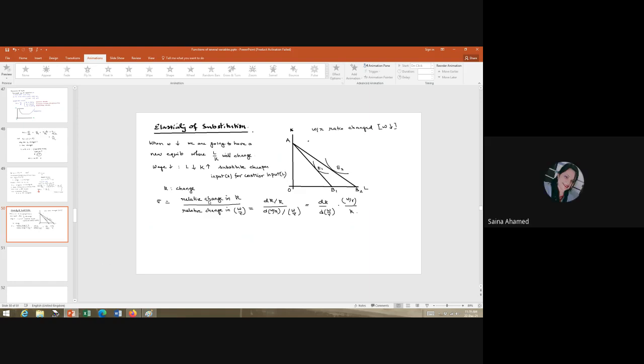In this way, you can understand the mechanism of why the elasticity of substitution is important. So when we write the definition, we'll write what you have given. Yes, I would suggest it, because then you will be able to understand why small k is changing.